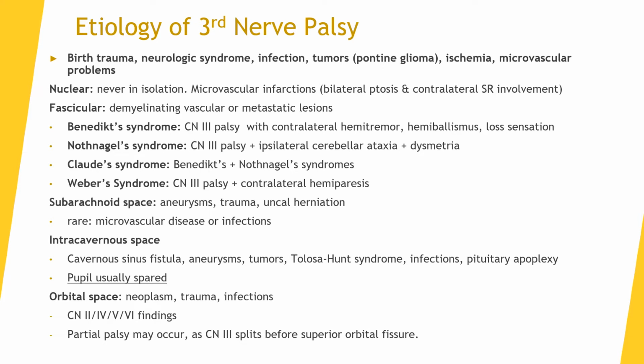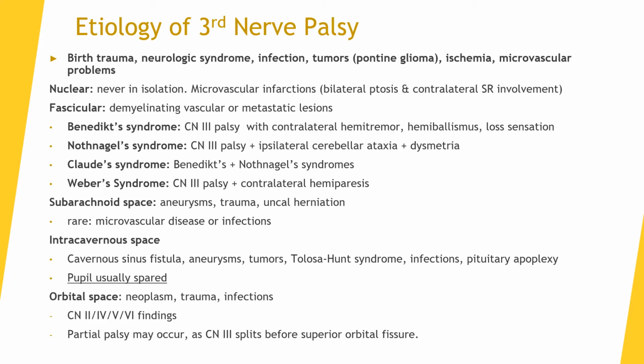In the intracavernous space, some common causes include the cavernous sinus fistula, which is an abnormal connection between the cavernous sinus and the vessels, such as the carotid artery. Aneurysm can also cause it, tumors, and inflammatory events, such as the Tolosa-Hunt syndrome and sarcoidosis.